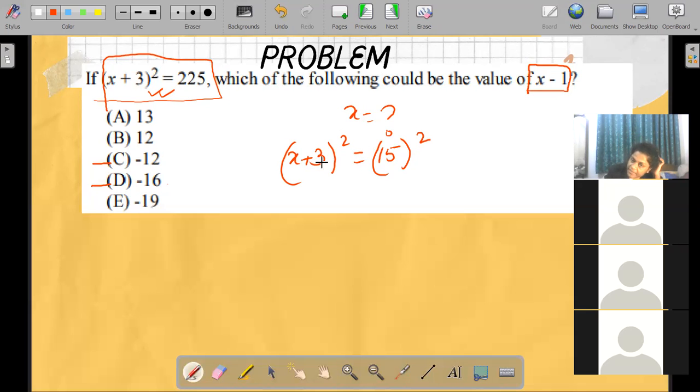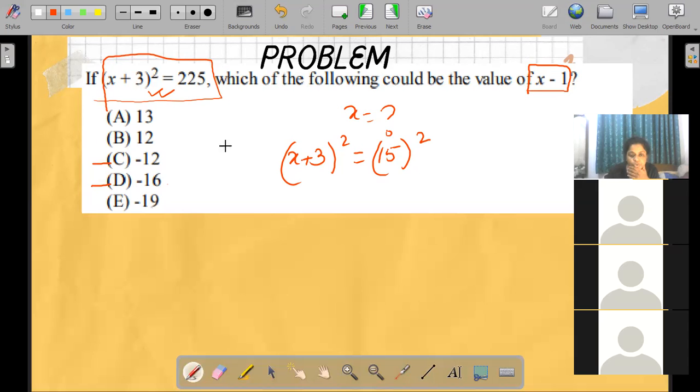After this, what step did you do? Fraction, ma'am. Shraddha, what did you do after this step? Ma'am, I'm not getting.